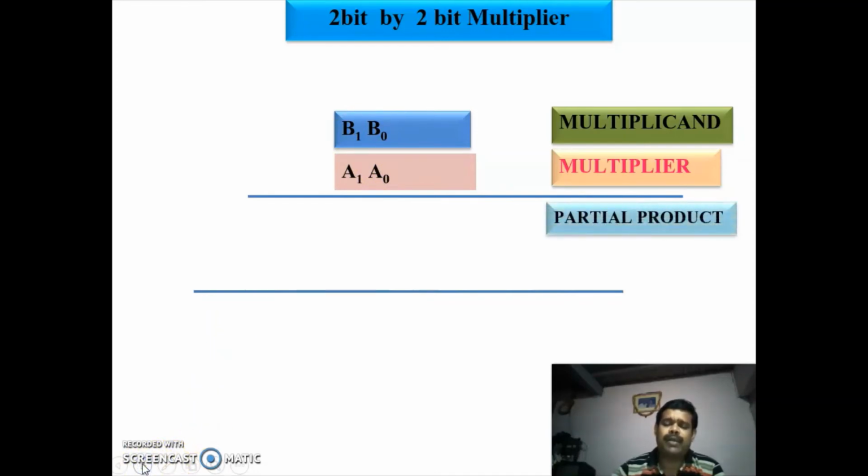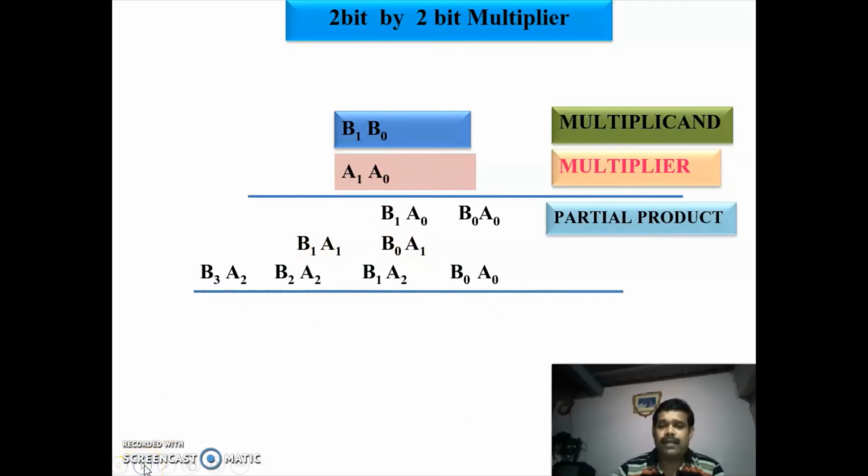The product we get is called a partial product. So we multiply A0 with B0, then A0 with B1. Next we shift one bit and write A1 with B0 and A1 with B1.